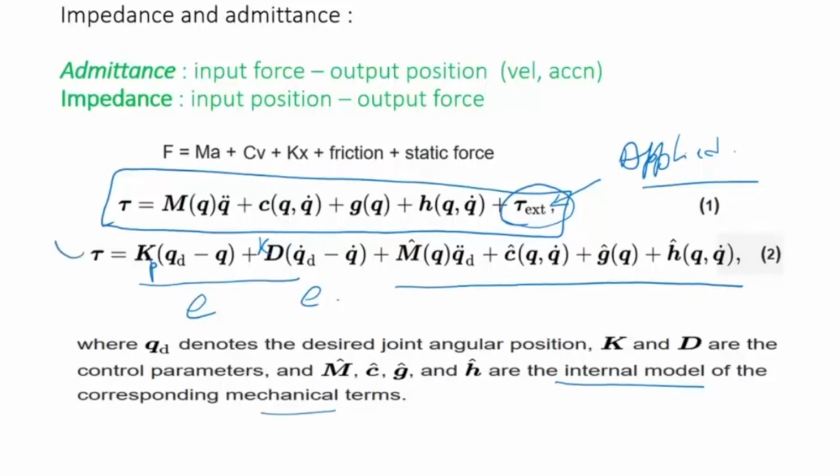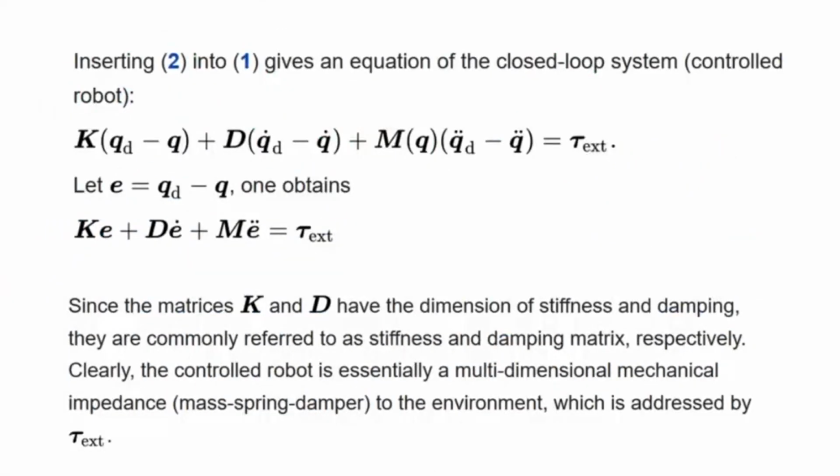So if I take this tau and put it here, what is going to happen is we get kp into this term and kd into that term plus M, the inertia matrix, into the desired acceleration minus the acceleration, equal to tau external.